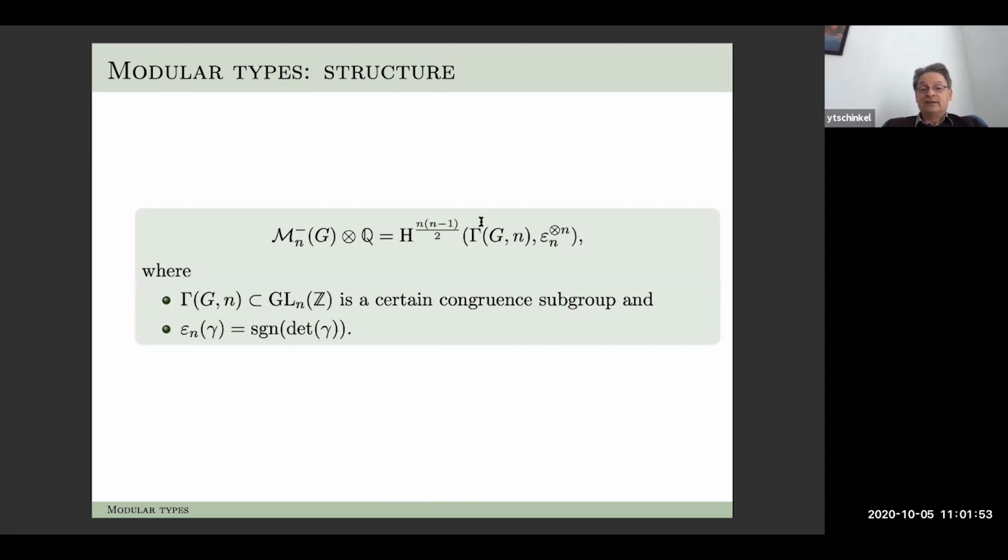In particular, the groups Mn tensor Q carry Hecke operators. They're really arithmetic in nature.